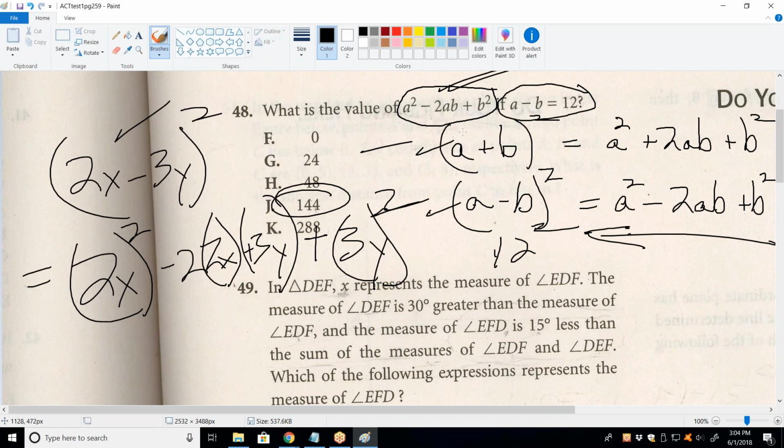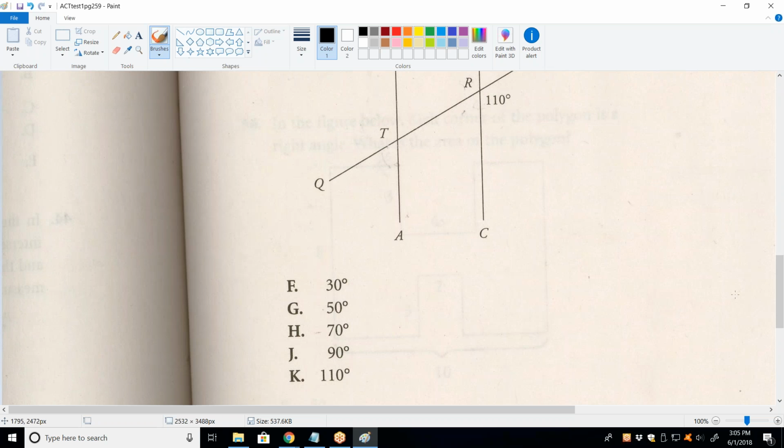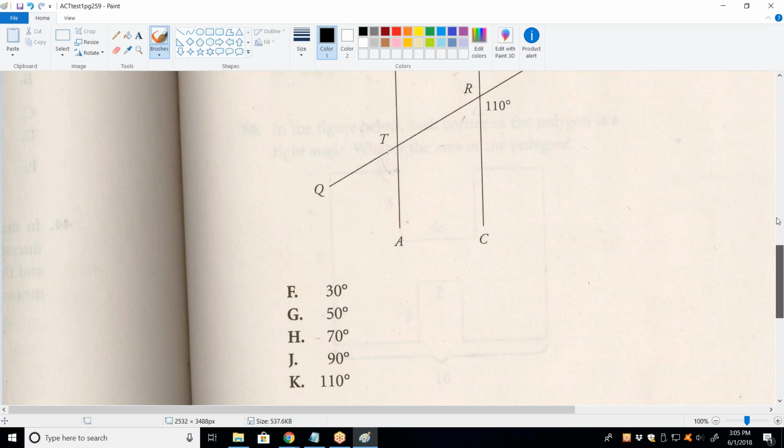Okay? I'm going to give you another problem. I want you to tell me what it is. I meant to write plus 99 squared.